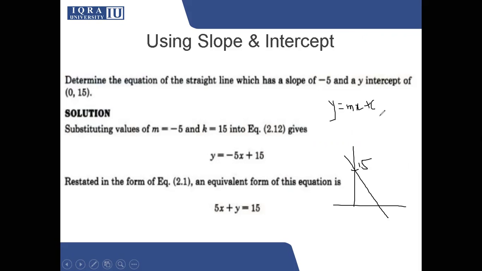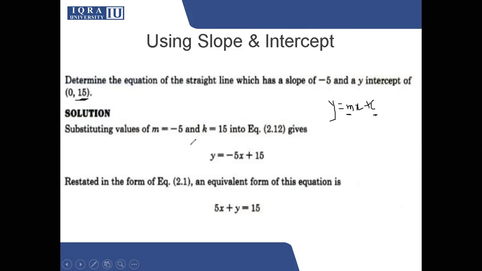So we'll use this general equation and just substitute in the values. Let me clear this. Y equals to mx plus c. I know that the slope is -5, so I'll put the value of -5 over here. And I know that the y-intercept is 0, 15, so I'll put 15 right over here. This is exactly the solution.